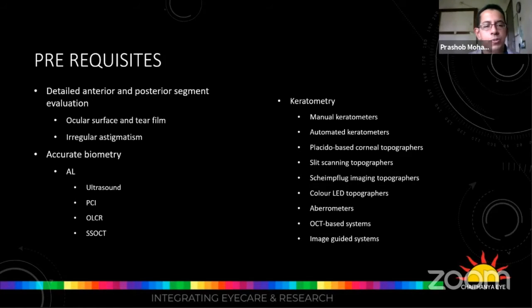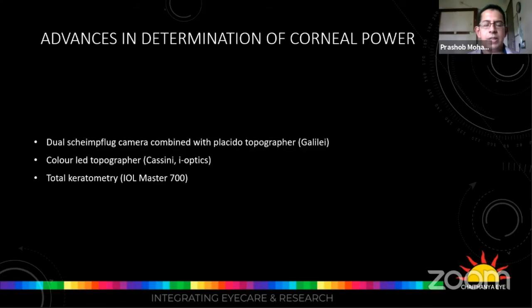And it's also important to do an accurate biometry, axial length. If you want to do axial length, the older applanation ultrasound is not used nowadays. The standard minimum is an immersion ultrasound. Or if you have the latest technologies, you can use a PCI, OLCR, or a swept source OCT. Now, there have been several advances in the determination of corneal power.